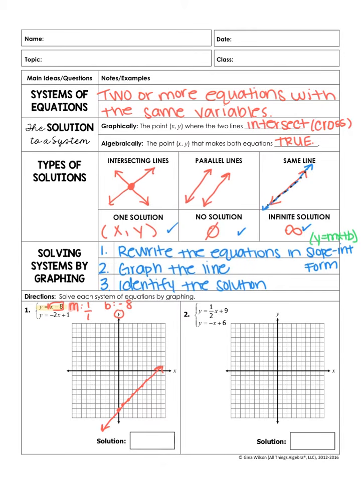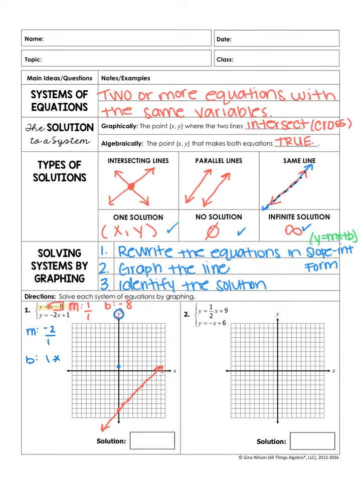Our second one is y equals negative 2x plus 1. Again, your slope is the number in front of the x. Your y-intercept is the number after the x. I always start at my y-intercept, so I have to start at 1 on the y-axis. Then I move my slope.